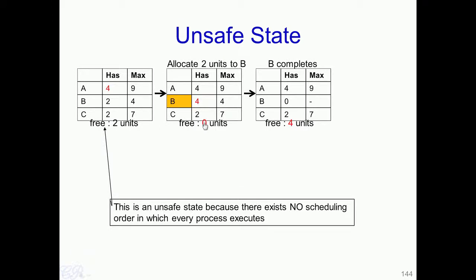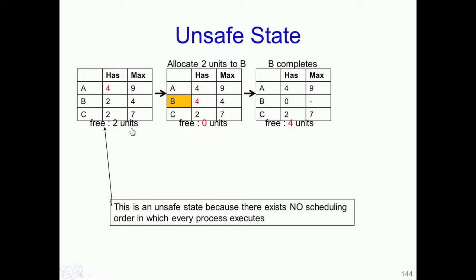Now, after B completes, we have 4 units free, but neither A, which requires 5 more units, nor C, which requires 5 more units as well, can be serviced with the 4 units present in the free store. Therefore, this state is an unsafe state, because there is no scheduling order which can cater to these requirements. The banker should ensure that such a state is not reached at any point.